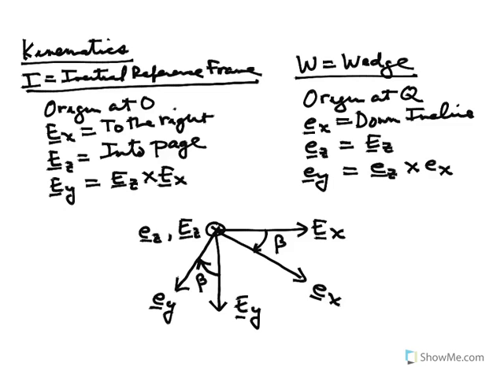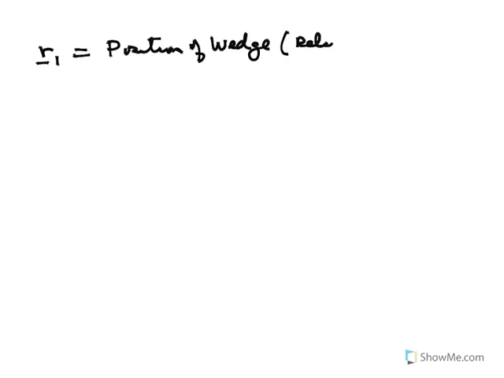Now what we have to do is describe the position of each object in the system relative to an inertially fixed point. So the position of 1, which is the position of the wedge, and again, this is relative to O, because O is our inertially fixed point, is equal to x1 Ex.